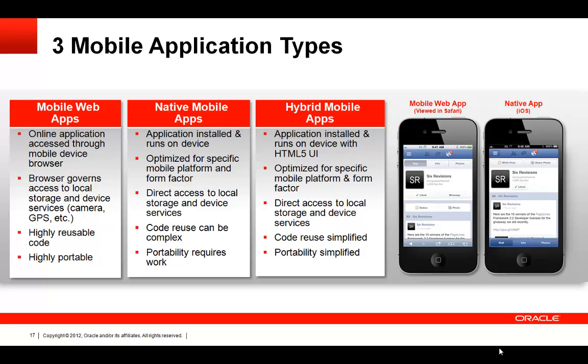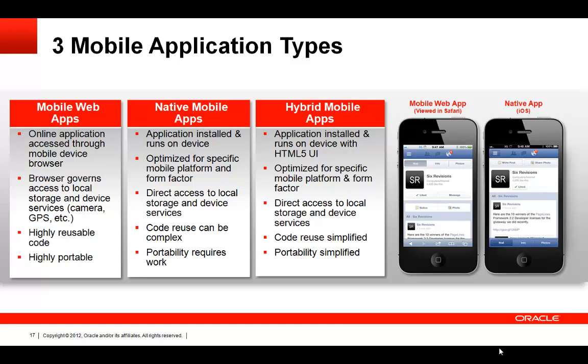These two approaches and their limitations gave rise to the hybrid mobile application development approach. In hybrid mobile applications, your user interface usually uses HTML5, and your application is running inside a container on the device. So it still runs on the device, takes advantage of the device computing capabilities, and the container usually allows you to access the device services such as GPS, camera, contacts, phone, SMS, and things like that.